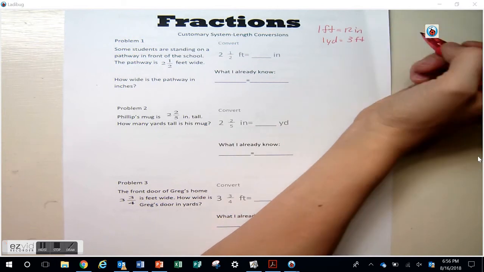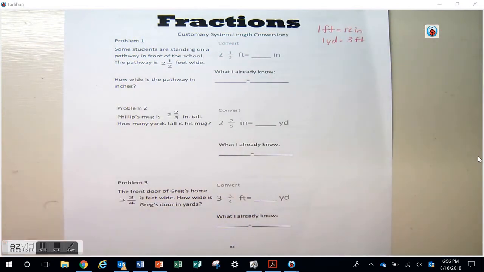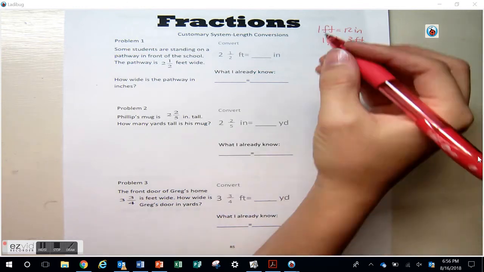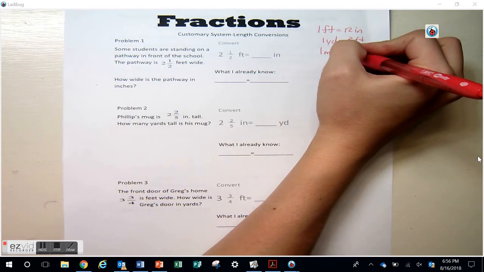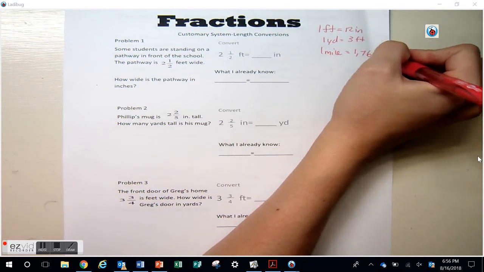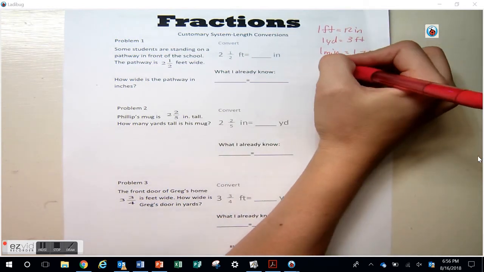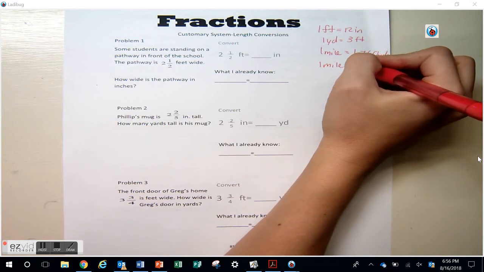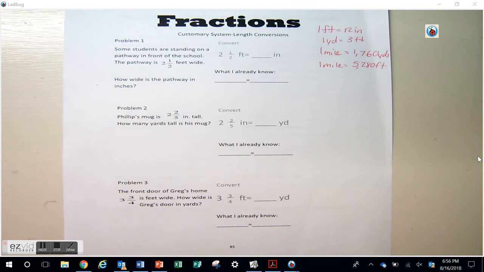We may know that 1 mile equals 1,760 yards. And it also is equal to 5,280 feet. Those are just some measurements that if you don't know, we will need to learn those.